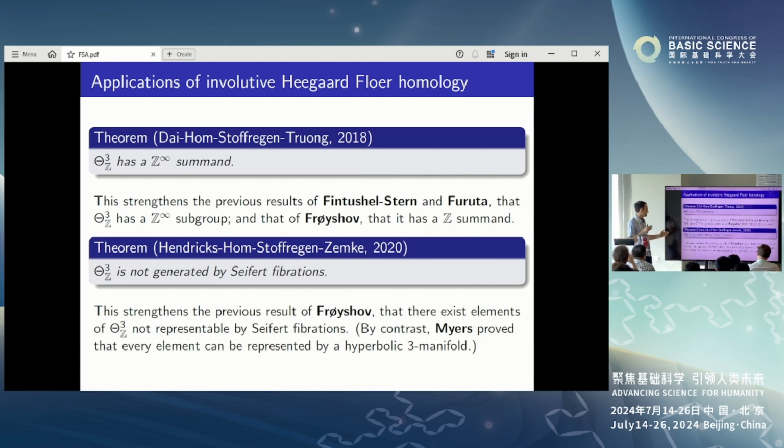By contrast, it was an old theorem of Meyer's that every element can be represented by hyperbolic three-manifolds. So hyperbolic three-manifolds are a more complicated class, and they represent all the classes in Θ^3_Z. But Seifert fibrations can't represent everything, and they prove this. They show that they can't even generate everything. So there are elements that are not representable by any linear combination of Seifert fibrations.